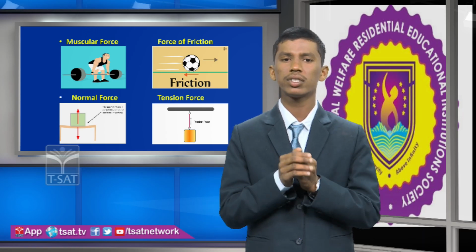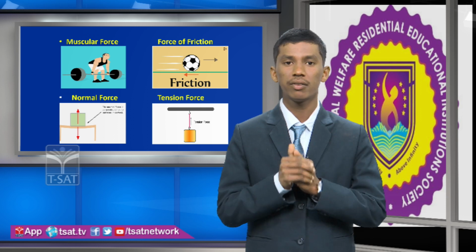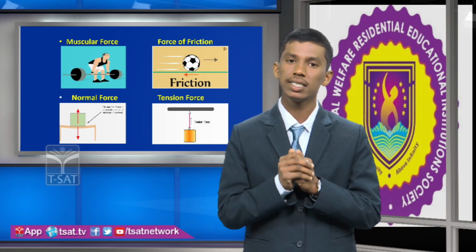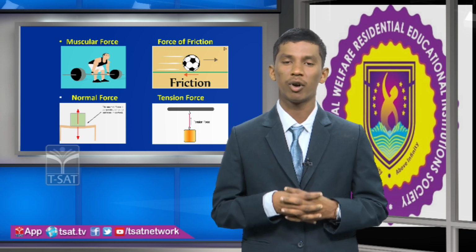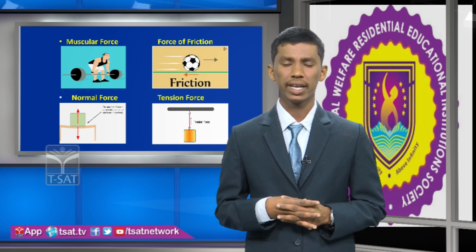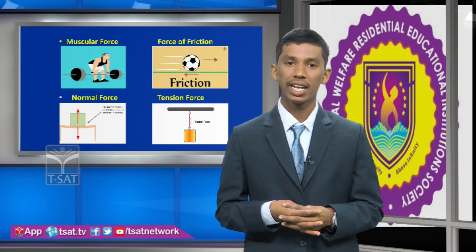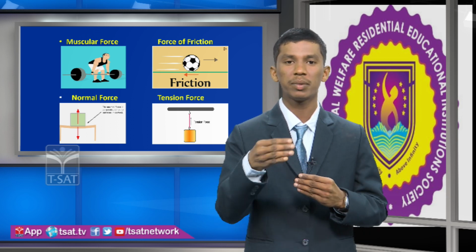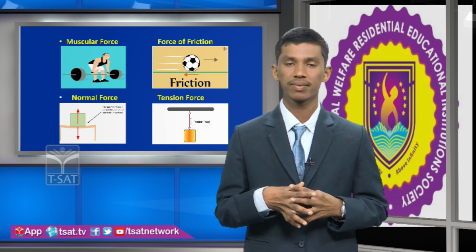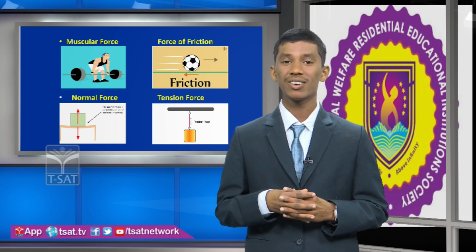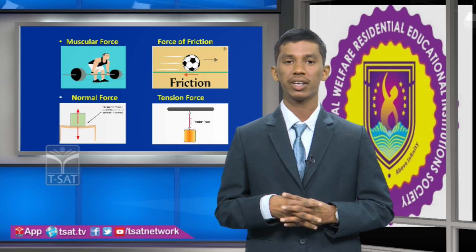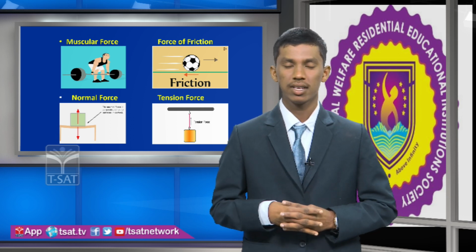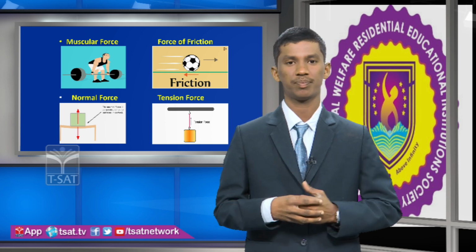Similarly, the force of friction is nothing but friction, friends. Friction is the resistance to the movement of a body. When I roll a ball on level ground, it moves some distance. After some time, it will stop because of friction. So here friction is a resistance to motion, right? Then tension force.